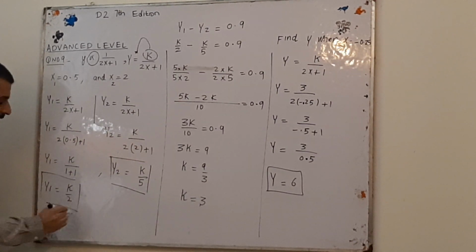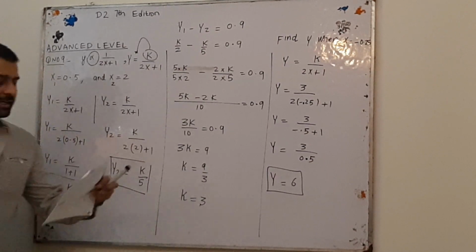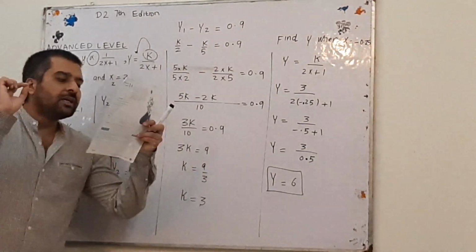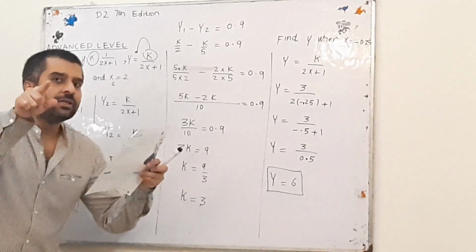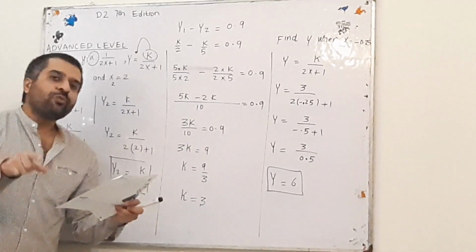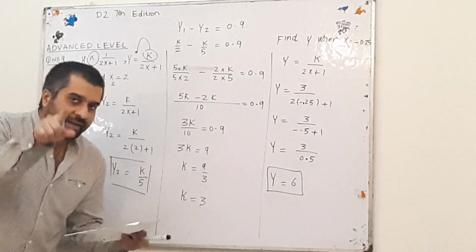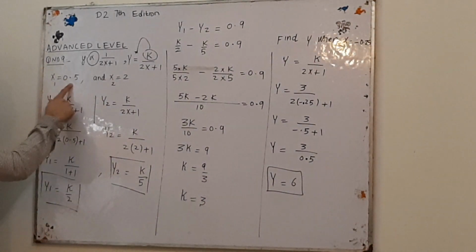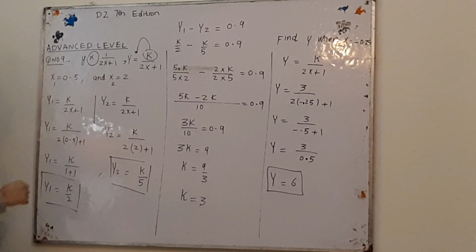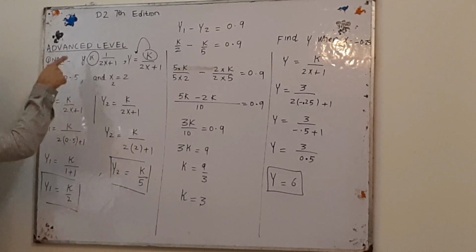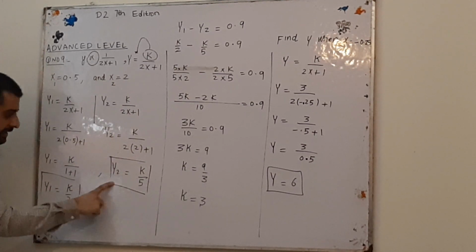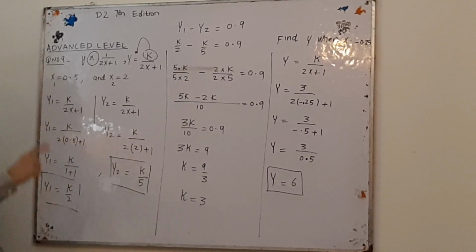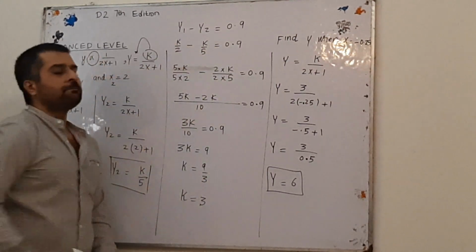Now in the given condition, they have told us that the difference in the values of y, difference means minus, when x is 0.5 and when x is 2, those values of y, the difference in these two values is 0.9.